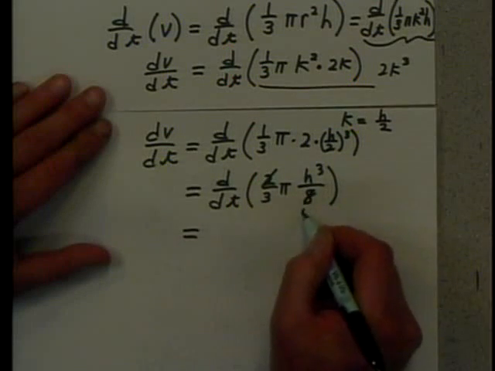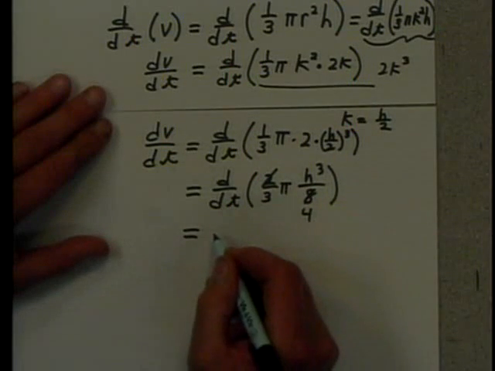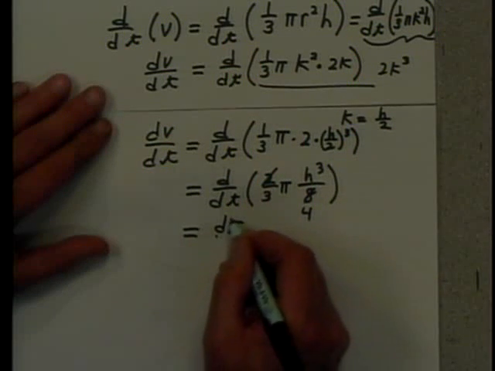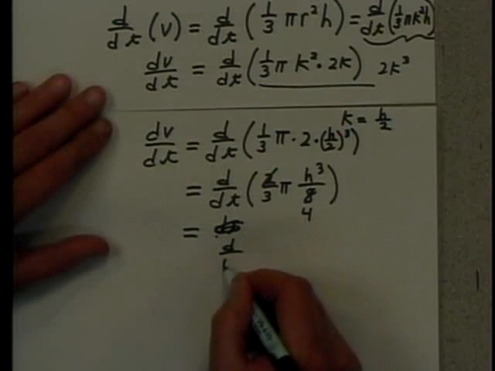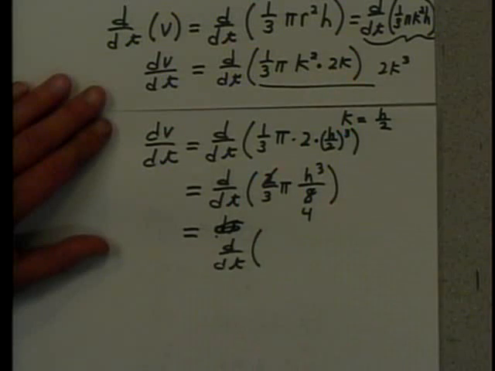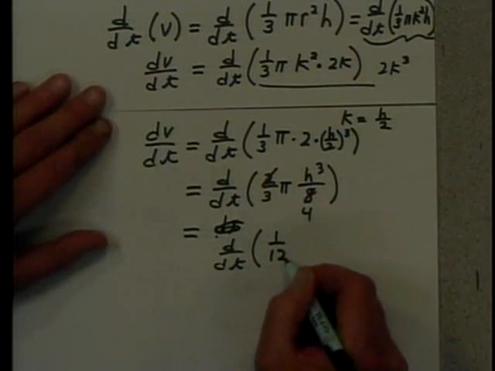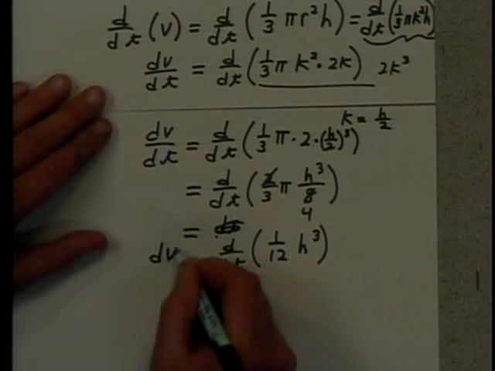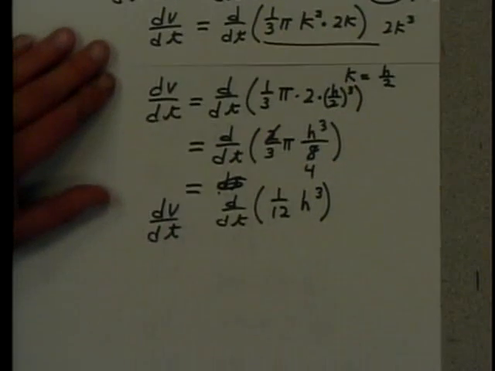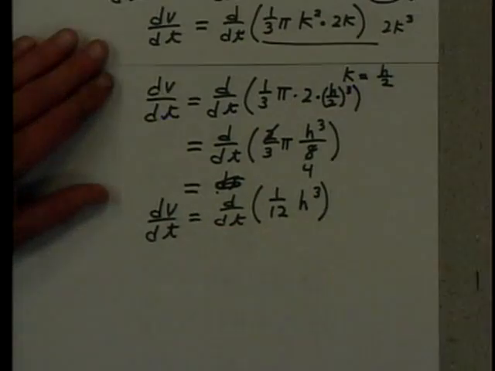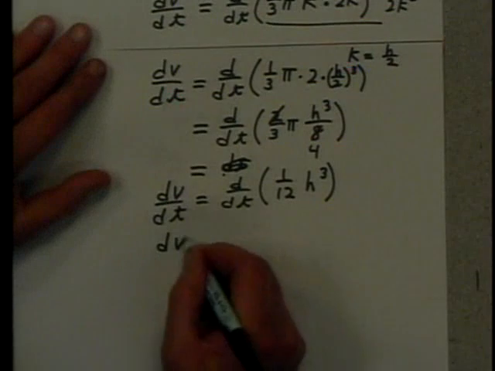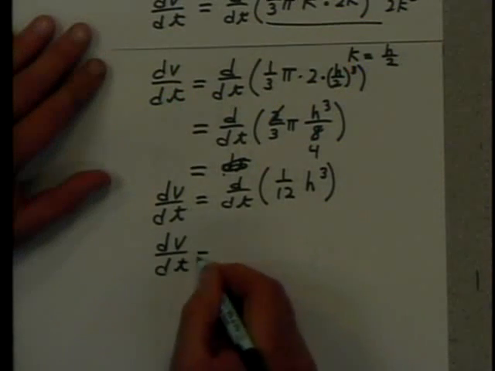And I can cancel one more time, and so I end up with d/dt of 1/12 h cubed, and that's what dV/dt is in terms of h instead of k, because h is what they wanted. Okay, now we'll do the derivative on the right.